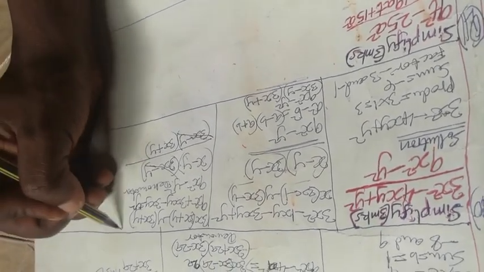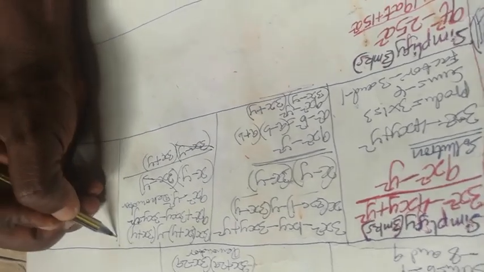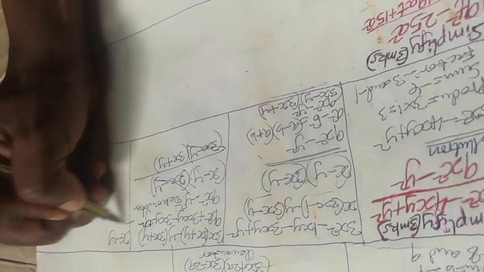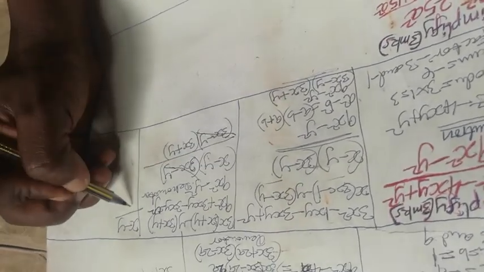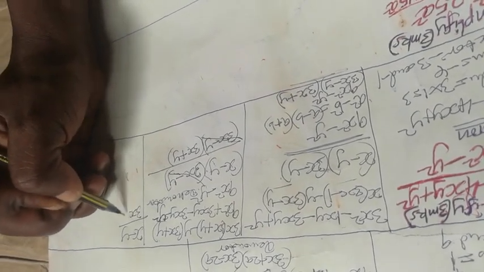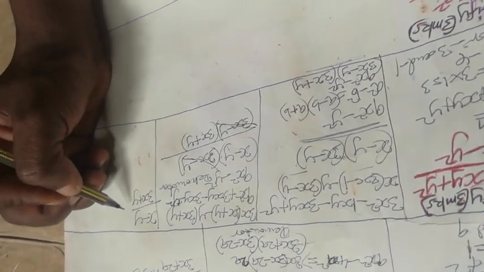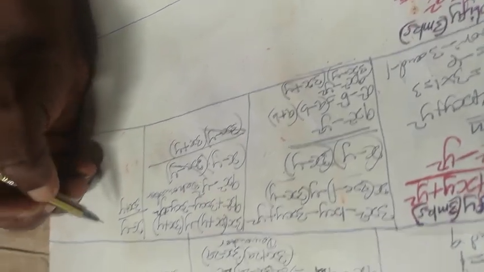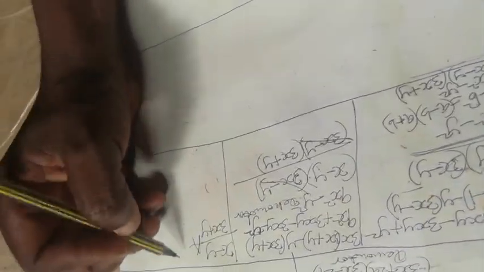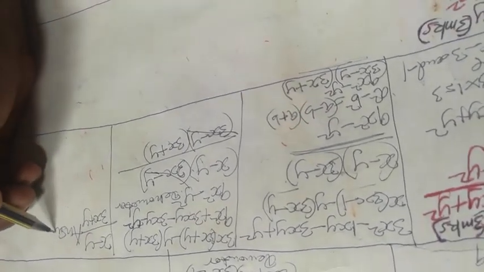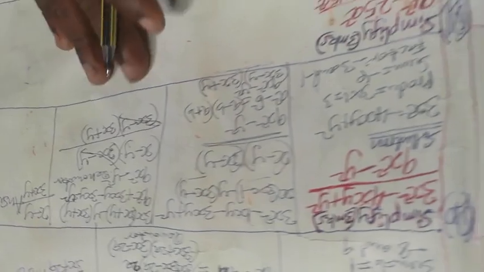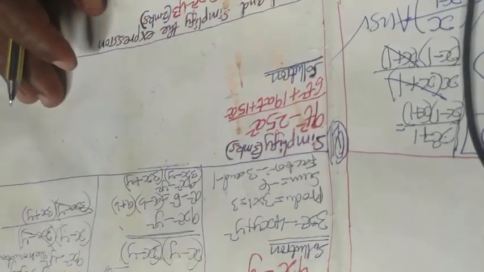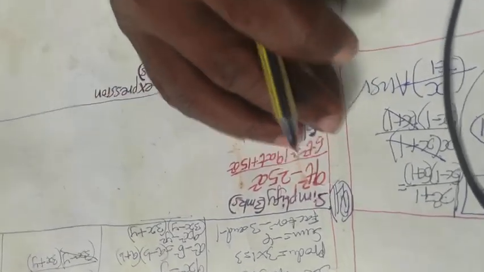Then we say x minus y over 3x plus y, and this is our final answer. Then we are going to question number 11.